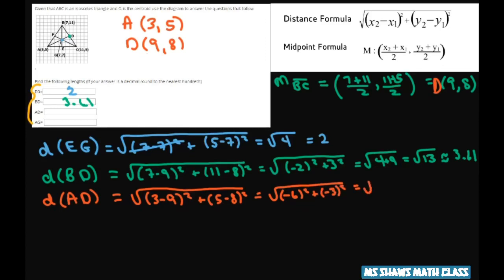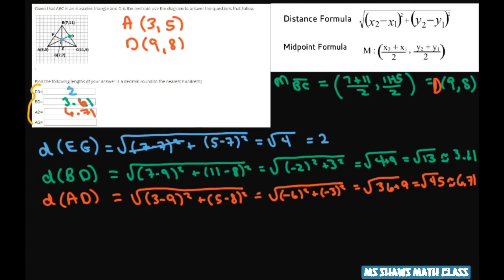That equals square root of 36 plus 9, which equals the square root of 45, which is approximately 6.71. So it's a 6.71. And this was a 6 here.